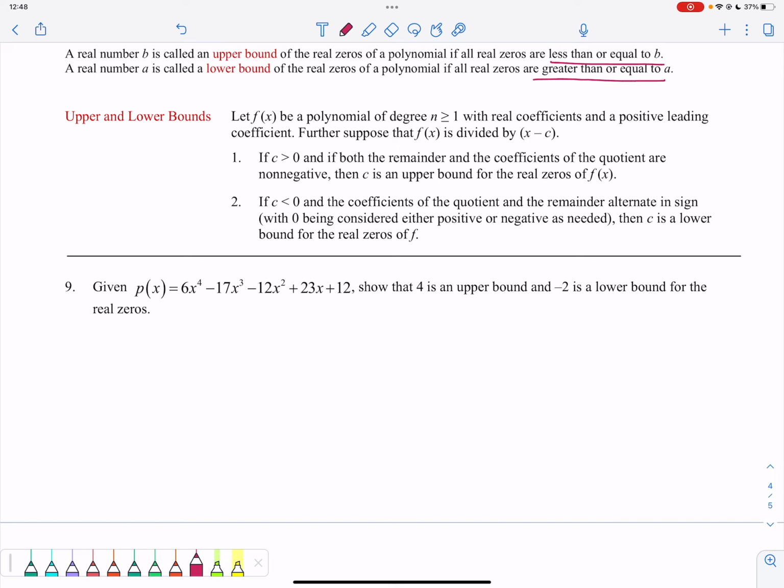We're going to go ahead and see that if c is greater than 0, and if both the remainder and the coefficients of the quotient are non-negative, then we do have an upper bound.